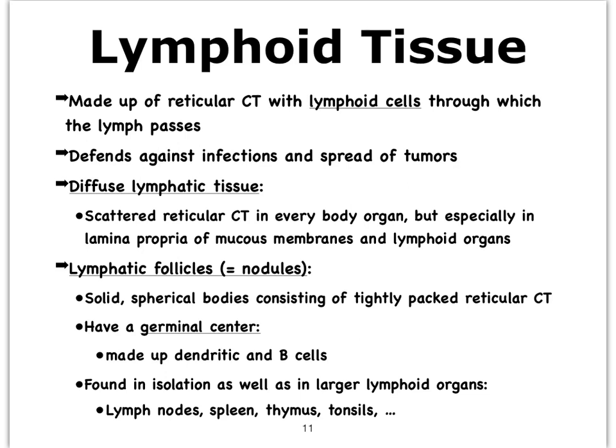We can sometimes find nodules by themselves, kind of isolated, or more in clumps together in larger organs that belong to the lymphatic system, such as in lymph nodes and the spleen and others, as we'll see in the next few videos.